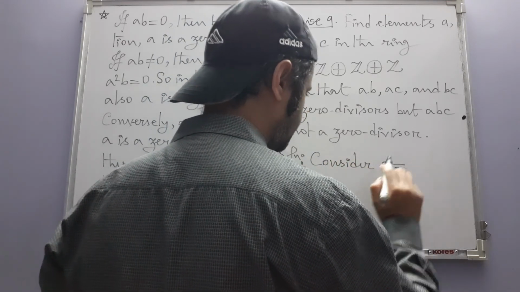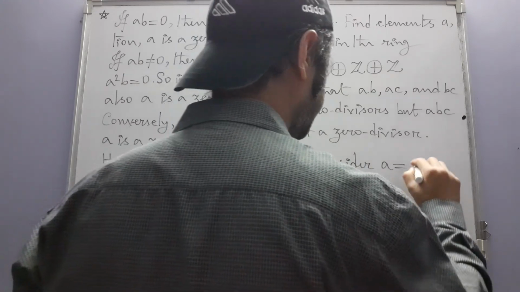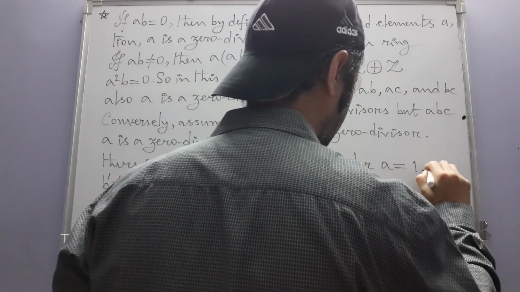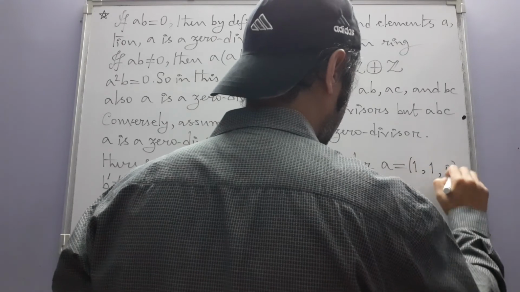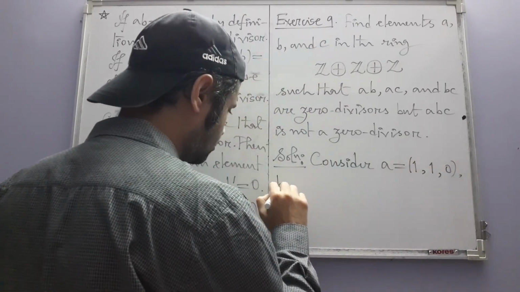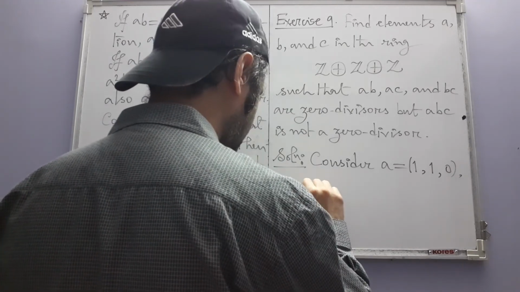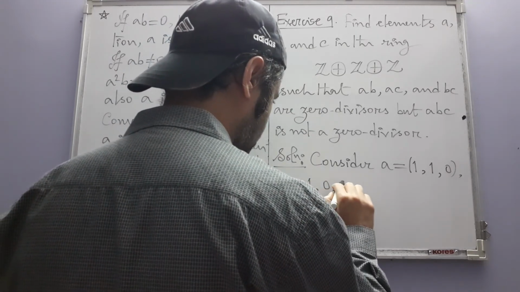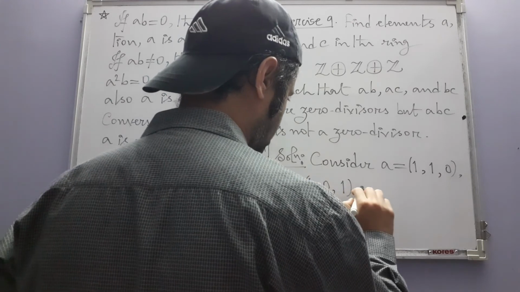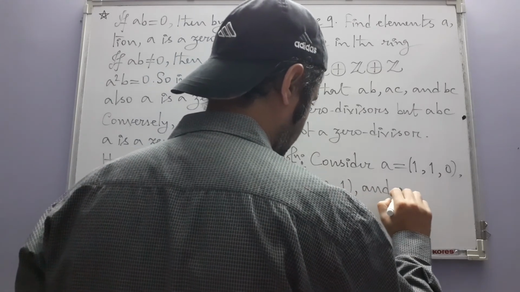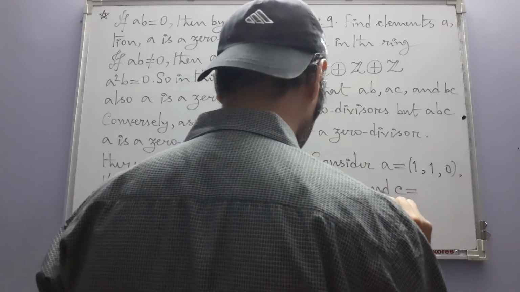Consider A equal to this ordered triple 1, 1, 0, B is this and C is this.